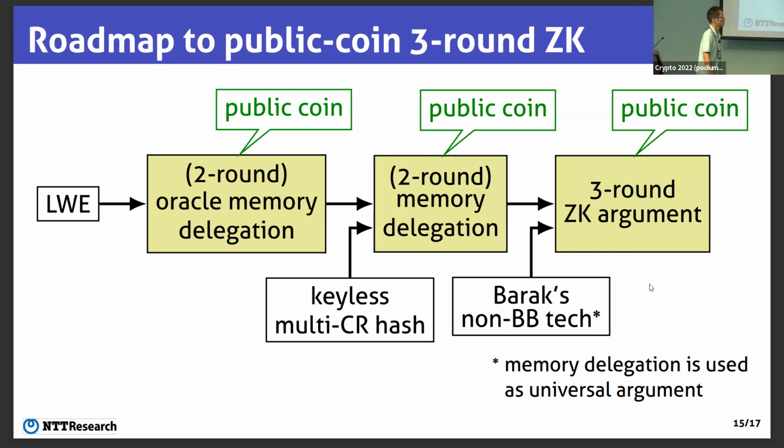So if you could swap in another construction of public coin Oracle memory delegation and another construction of public coin memory delegation, then it would work. So basically, your transform is general. Yeah. It's just that the building blocks need LWE. Yeah, exactly. Okay, thanks.